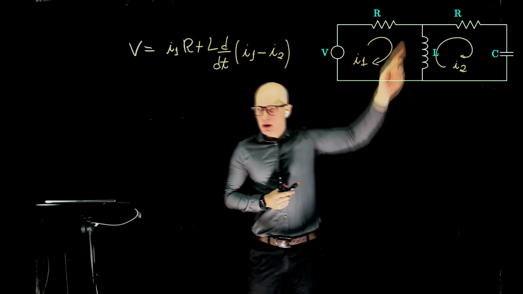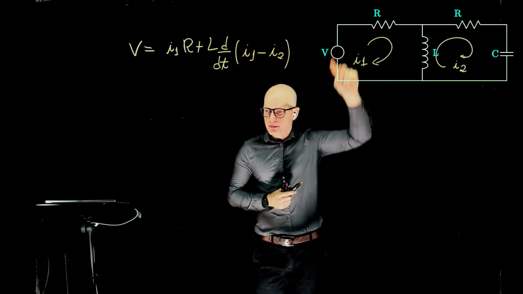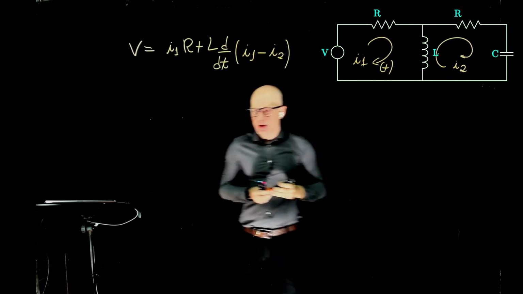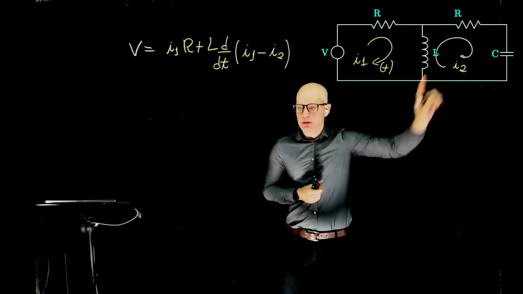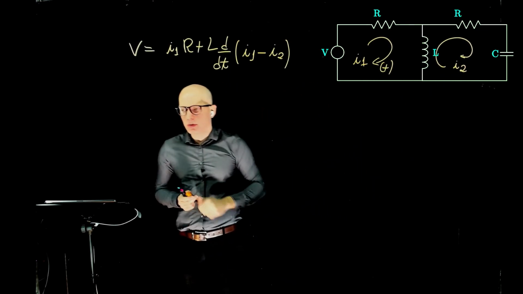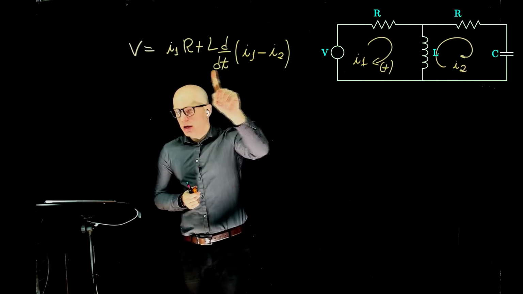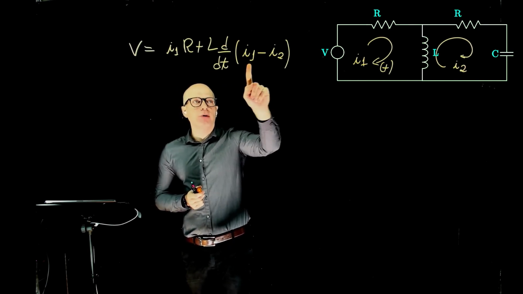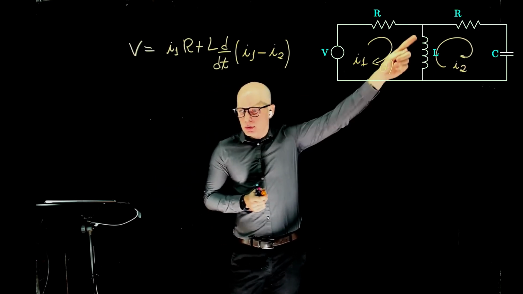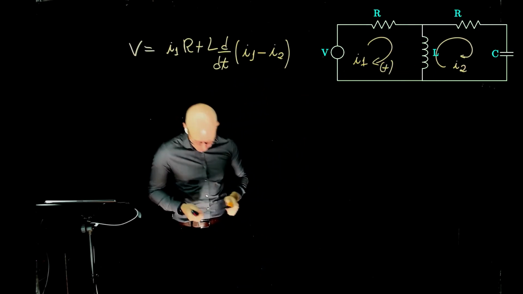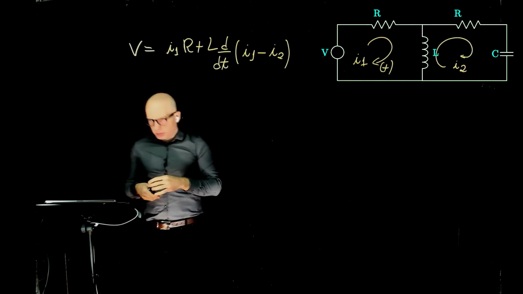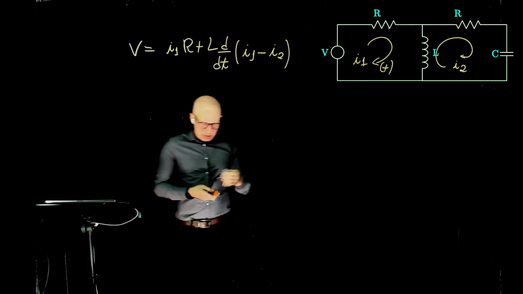Because we're following I1. The current flowing in this direction is our positive reference, and that current is going against it, so it becomes negative. So I1 R plus L times the derivative of I1 minus I2, or the net current through L. Okay, is this clear?